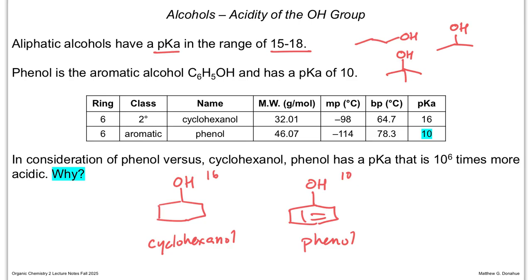And really what we have to do now is look at the product of each when it's deprotonated. So let's just say we treat this with sodium hydride. We do the deprotonation. Then we'll use the same base here, sodium hydride.